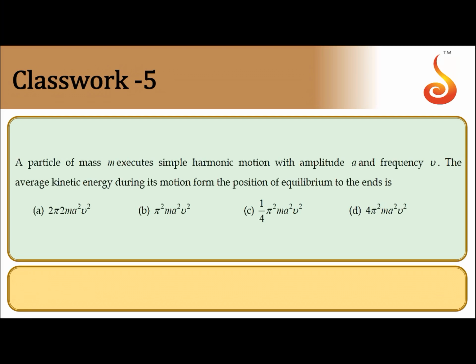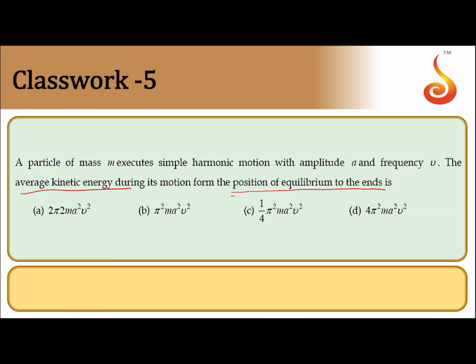So, kinetic energy of a particle, you have to find average kinetic energy in moving from equilibrium to extreme. So kinetic energy is 0 at the extreme position and maximum at the mean position.